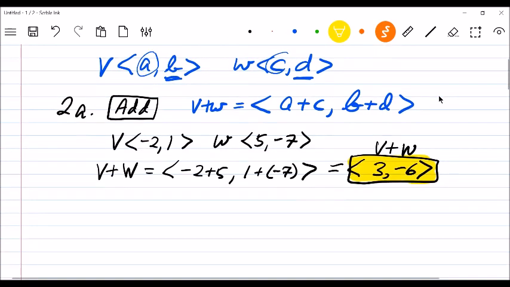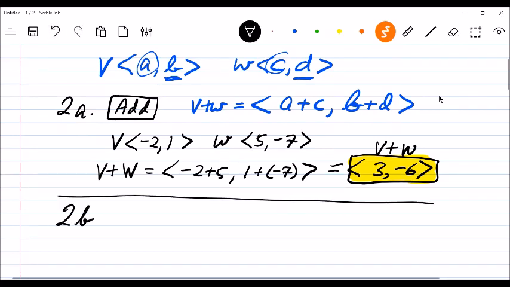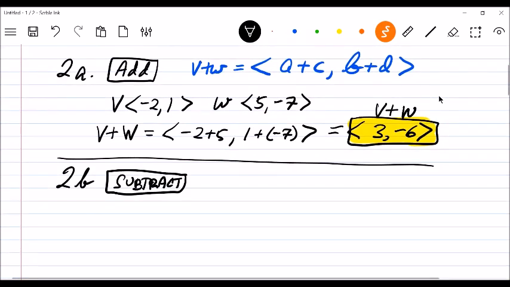We're going to do the same type of thing, subtracting them. All right, subtract first. So in this case, the way that we would do it, V minus W, and I don't really need the equal sign, well, I guess I do since they're not in parentheses.